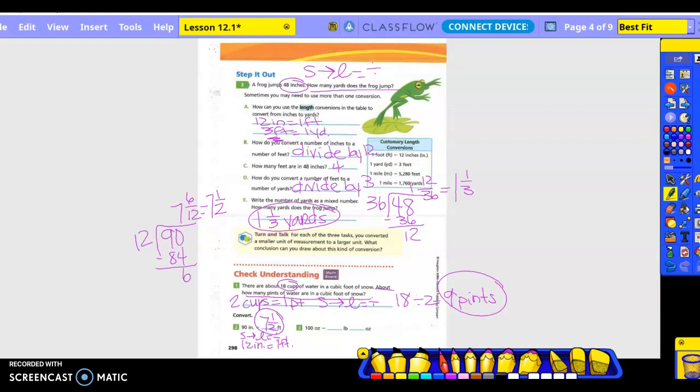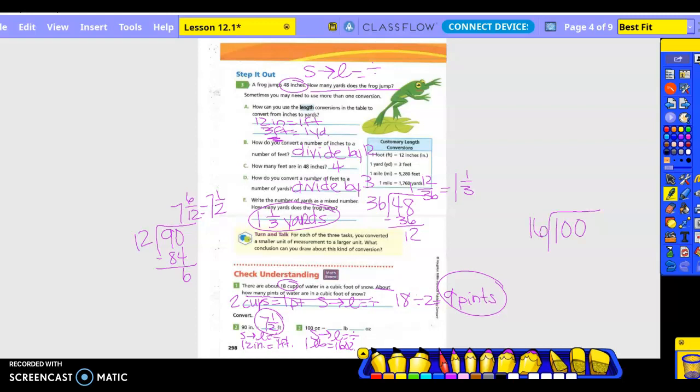Ounces to pounds and ounces. Am I going larger to smaller or smaller to larger? Smaller to larger. So is that what? Dividing, right? So then my conversion is how many ounces are in 1 pound? So 1 pound equals 16 ounces. So 100 divided by 16 equals.